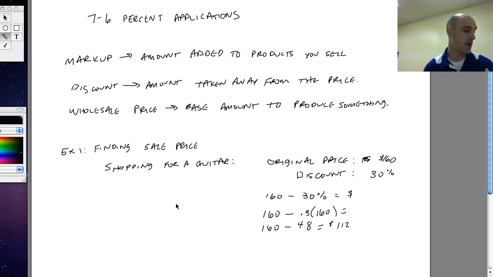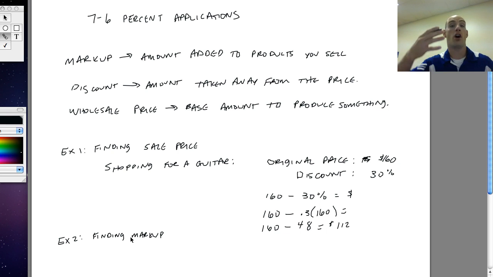Now, the other example that we could do is something that is marked up. If we find something that's marked up, we have to operate on the wholesale price and then add an amount to it. So for example, a shirt.